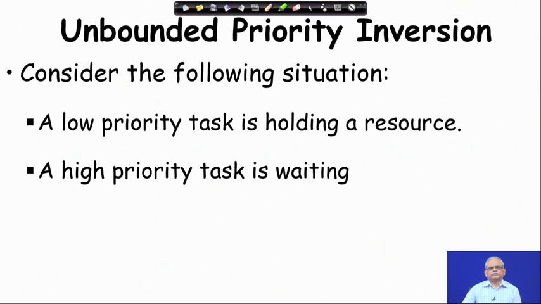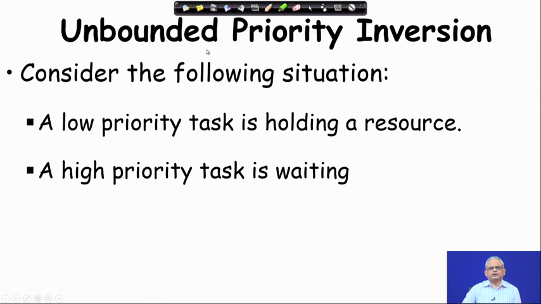But as we will see now, priority inversion by itself is not too bad. We can solve the priority inversion problem with careful design, but what really is a problem which is hard to solve is unbounded priority inversion.